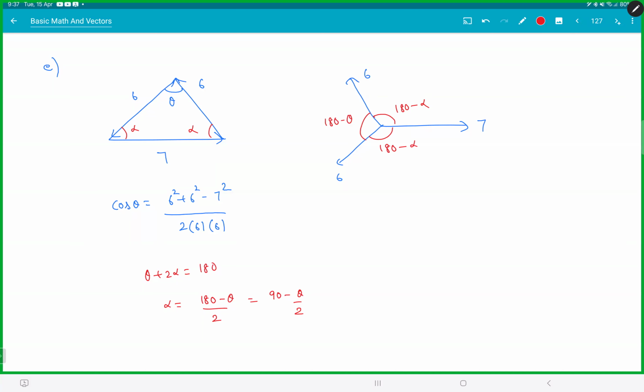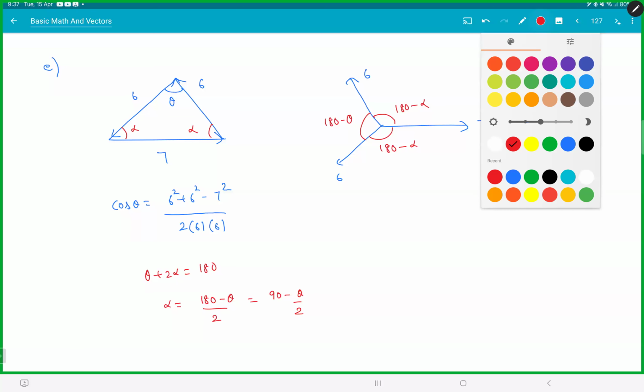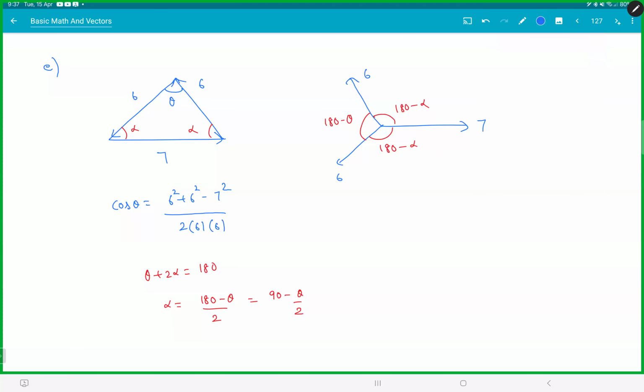That's your answer. Sure, everyone? And you can get theta and alpha from the cosine rule. Yeah, it can form a triangle. The answers are not normal, standard angles, but this is how you do that. Is this clear, everyone?